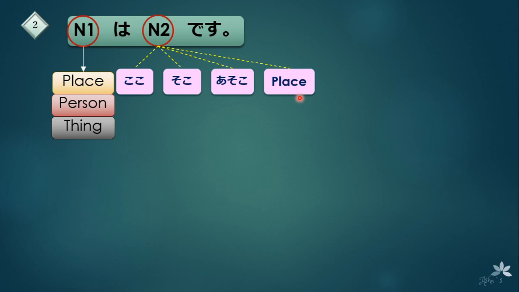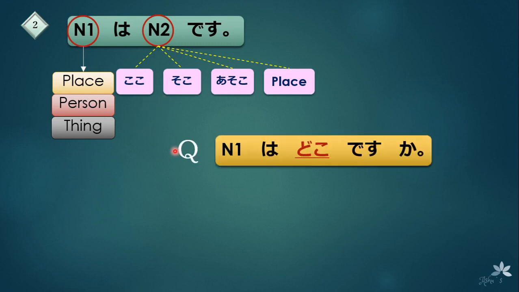Now let's understand how to frame this sentence in different situations. While asking a question, we will replace this N2 with doko. Doko is the interrogative for the words koko, soko, asoko.